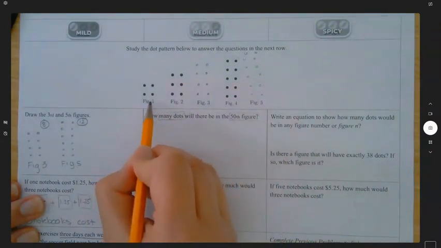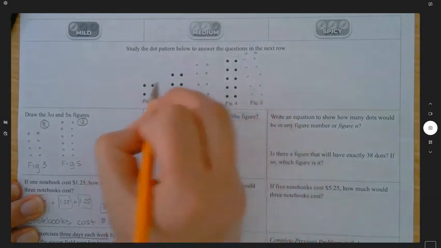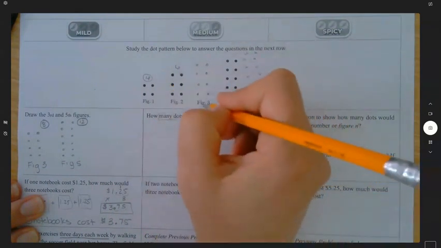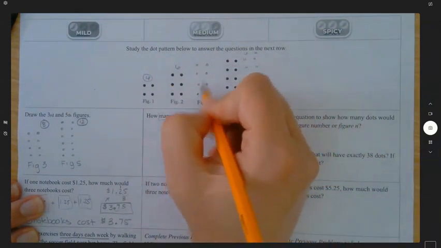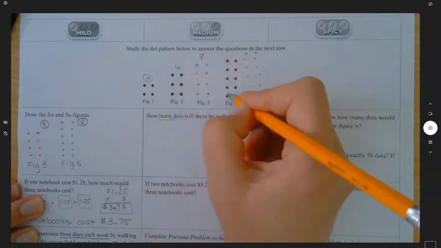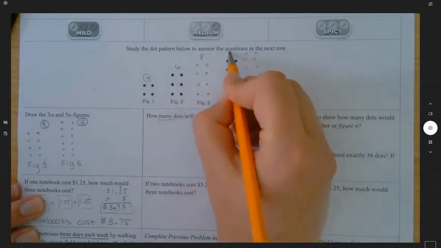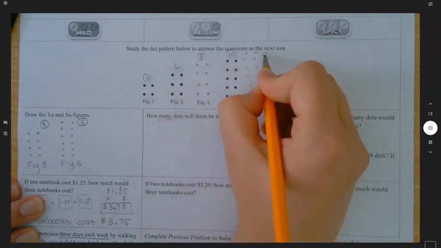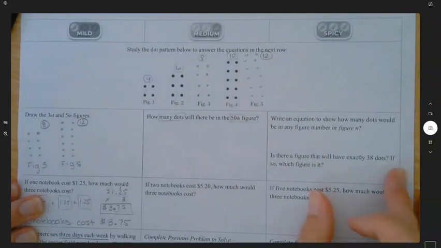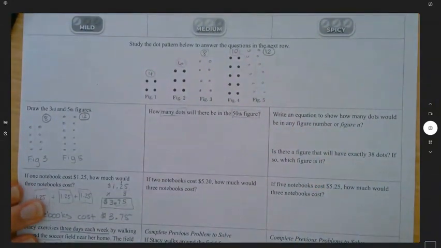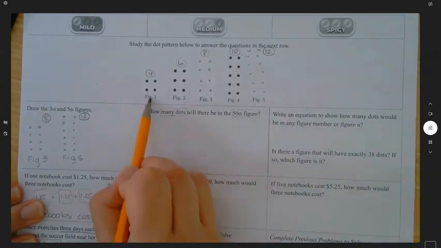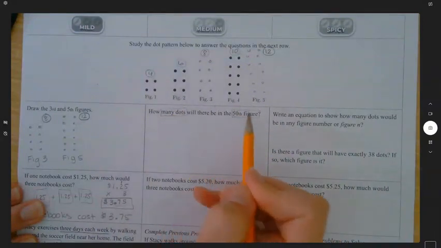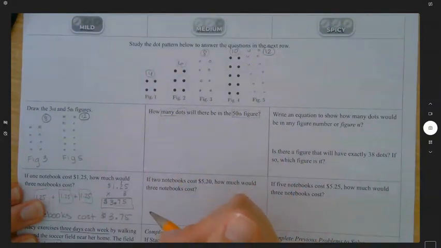So we start with figure 1, we have 4 dots. Figure 2, we have 6. Figure 3, we have 8. Figure 4, we have 10. So we know that it is counting up by 2s. And figure 5, we have 12. So what I could do is, if I'm starting at 1 and I know I start at 4, I could just count by 2s up to my 50th figure.